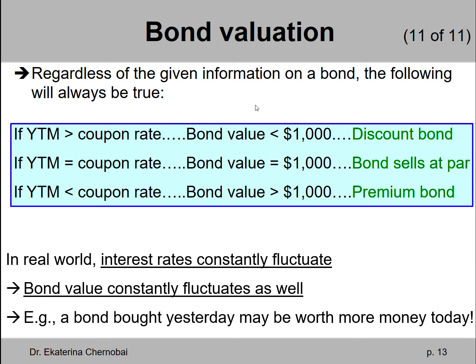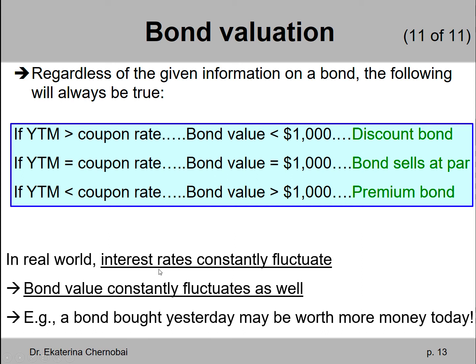So let's make a step back. What we just did was calculating the bond price or bond value for different discount rates. Why did we actually have to do all that? And that's because in the real world, interest rates are always fluctuating.